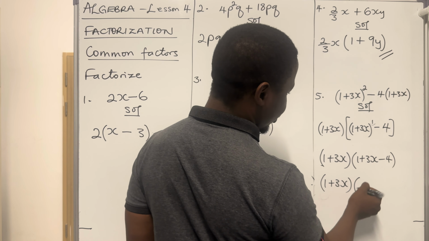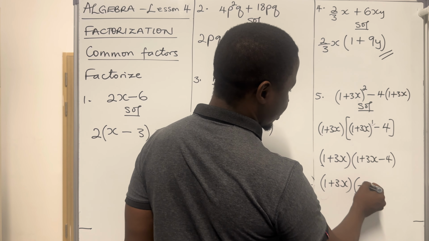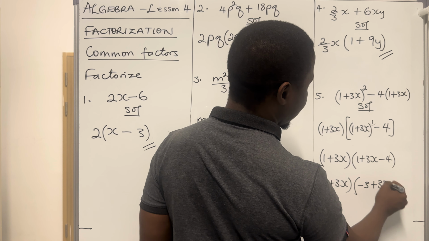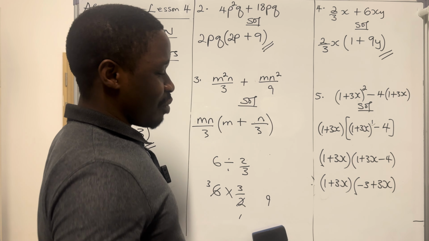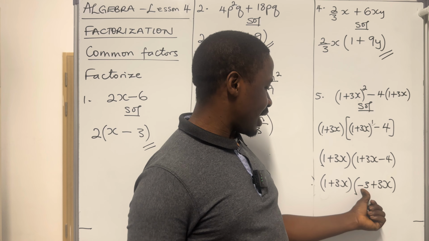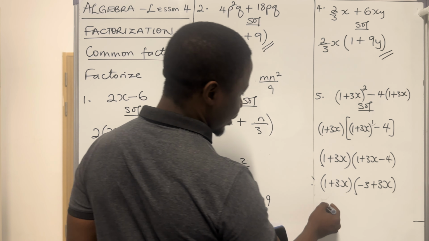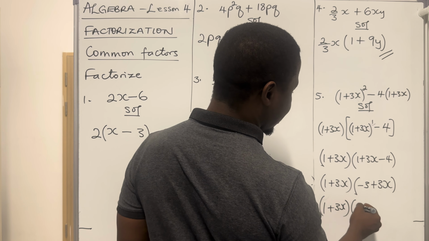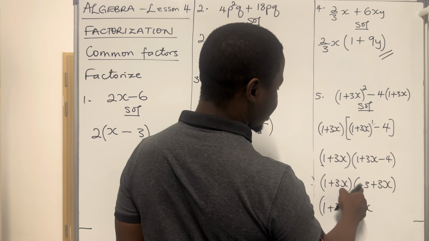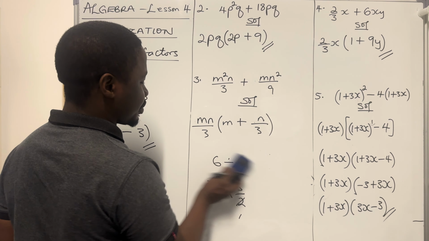Yeah, 1 minus 4 is minus 3. Minus 3 plus 3x. So this one is correct. But if you don't want the negative value to start, you can as well say 1 plus 3x times 3x, write this one first, minus 3. So this is what we have.